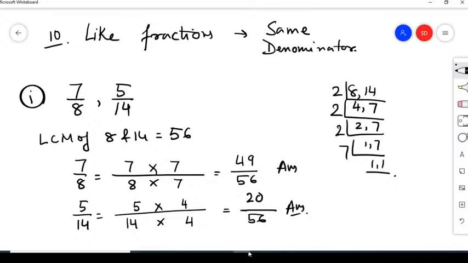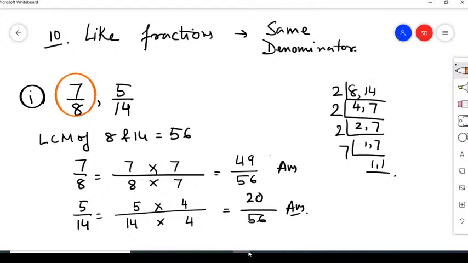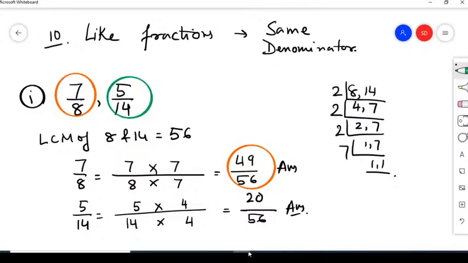Now, equivalent and like fractions. See, 7 by 8 is equivalent to 49 by 56 and 5 by 14 is equivalent to 20 by 56.